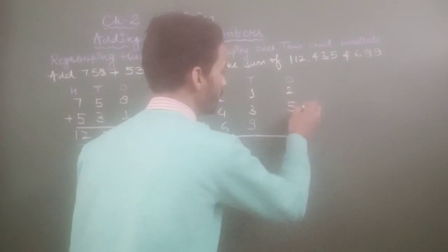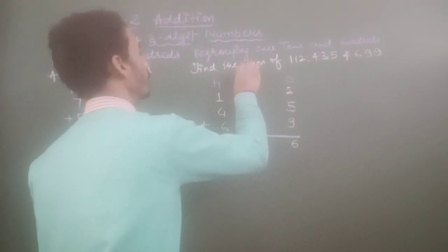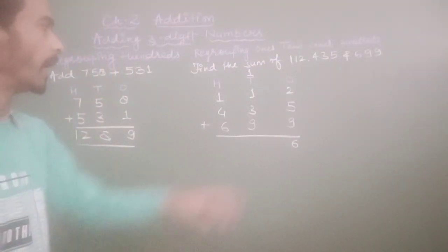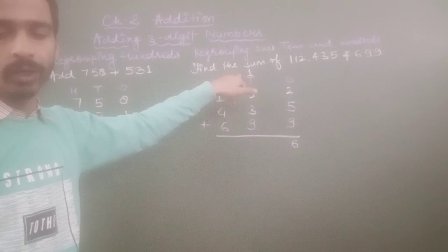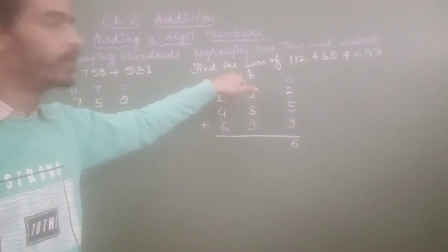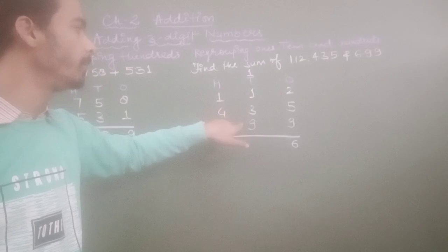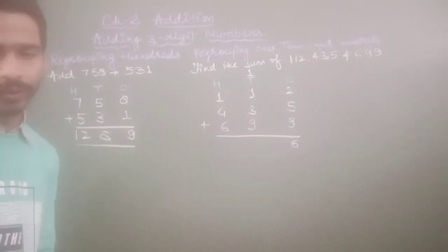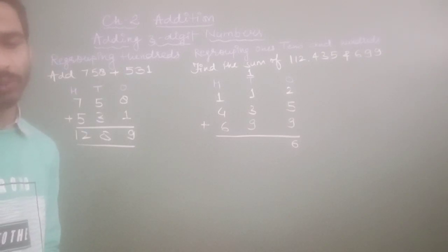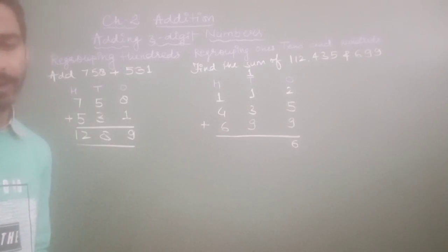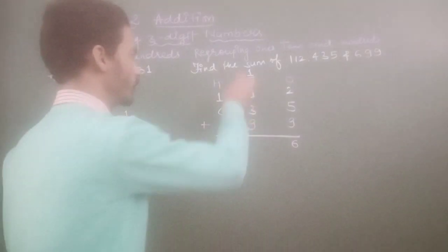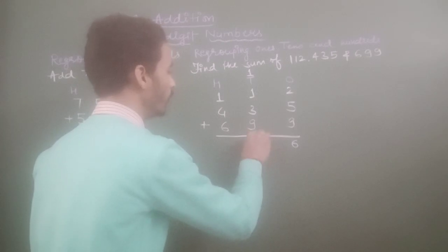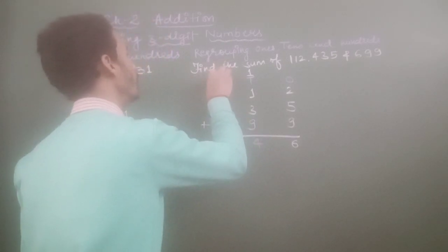Now add the tens and the 1 carried over from ones: 1 plus 3 plus 9 is 14. So regroup 14 tens into 1 hundred and 4 tens, and carry over 100 to the hundreds place.